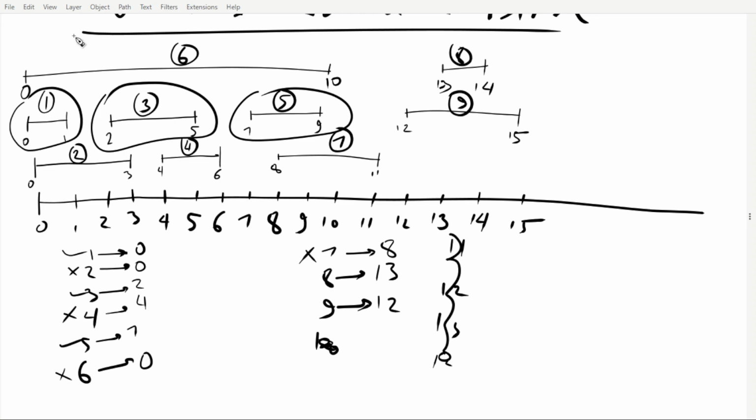Next we have 8, it has finish time 14, not 13. Start time is 13. So 7 we remove. Next we take this 8, and its finish time is 14, so we remove this. So the number of intervals we get is 4 intervals.